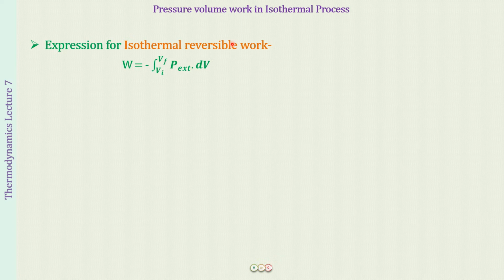But in case of reversible work, which is done very slowly, at every step the external pressure is slightly different, a very small change from the pressure of the gas, such that the external pressure is almost equal to the pressure of the gas under any condition, whether it is a compression or an expansion. So for a reversible process, P external is equal to P gas.